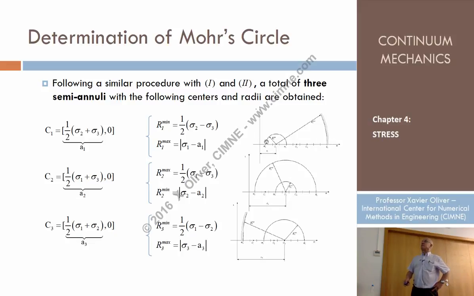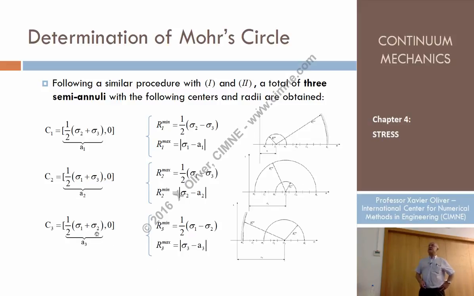So in other words, there are two circles with the same center, one passing through sigma 2 and sigma 3, and the other passing through sigma 1. The second equation provides another center, which is at the midpoint of sigma 1, sigma 3, and the radii define one circle passing through the two principal stresses with this center, and the other circle passing through the other principal stress here.